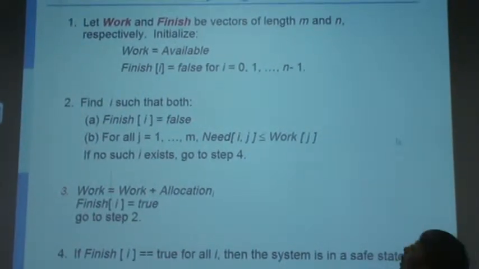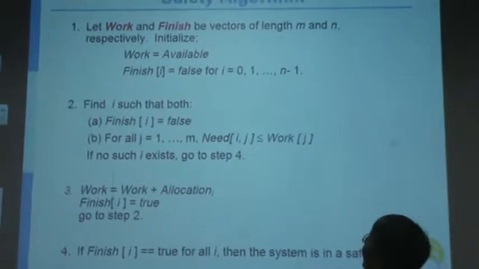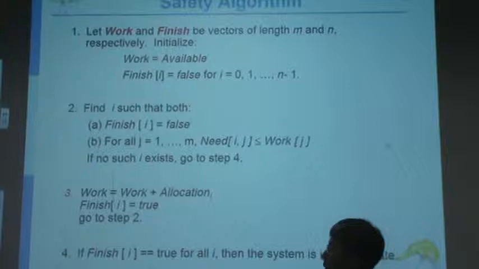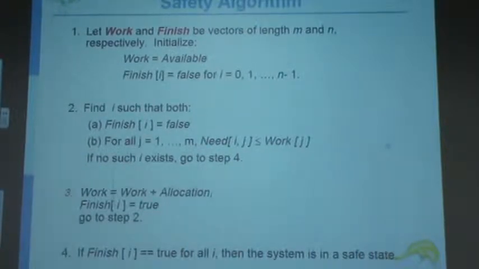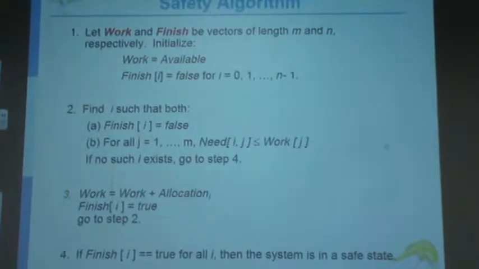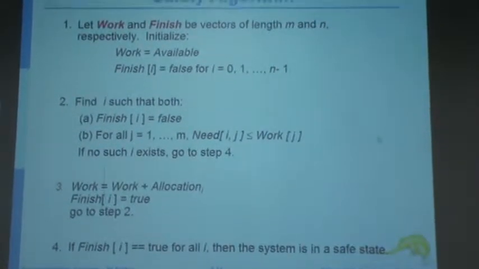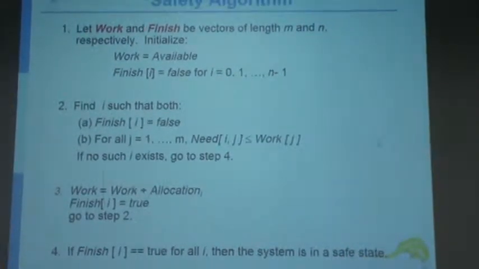So from Work and Available, Finish means whether processes are completed or not. It's an N by 1 matrix, an N array. Our goal is to find all the values of Finish to be 1, 1, 1, 1, 1, 1. That is a safe state.